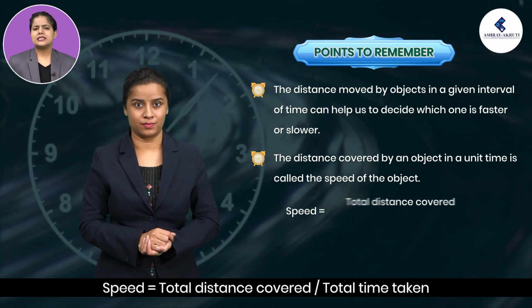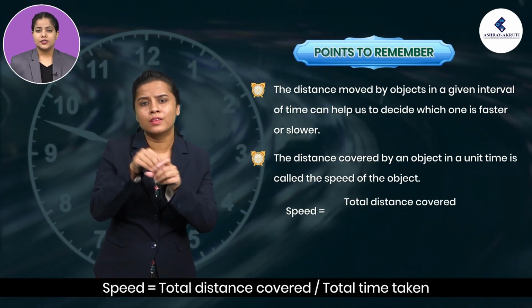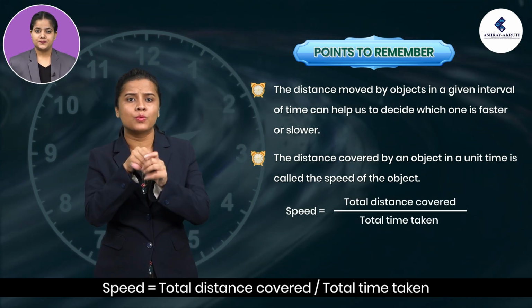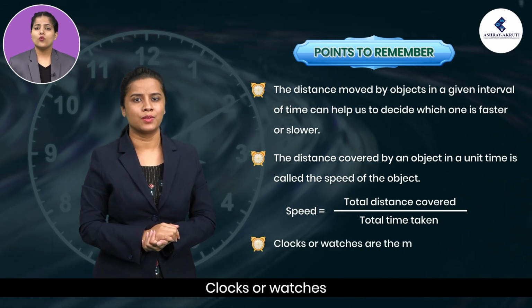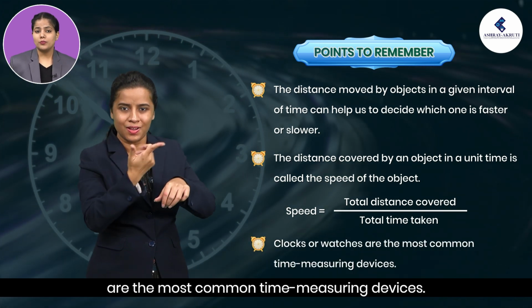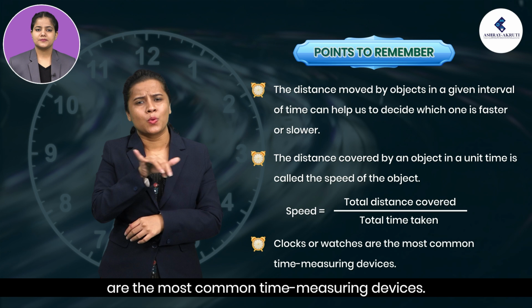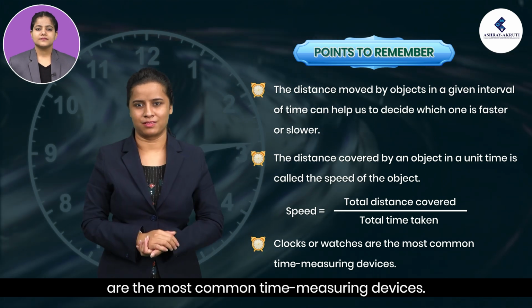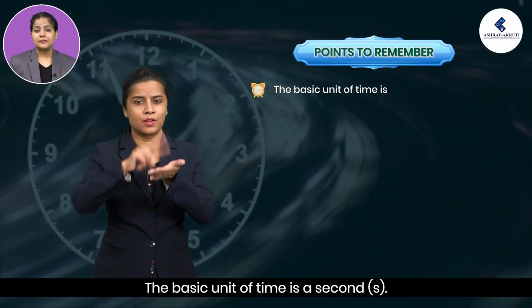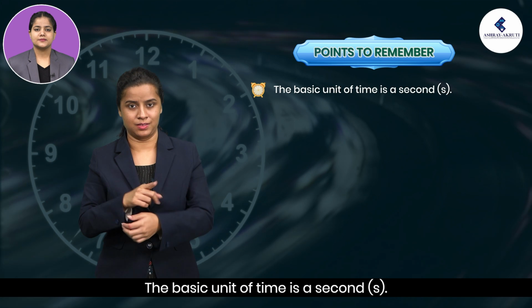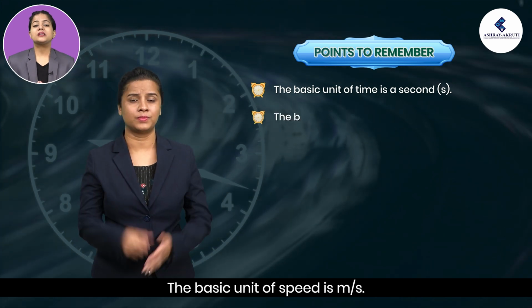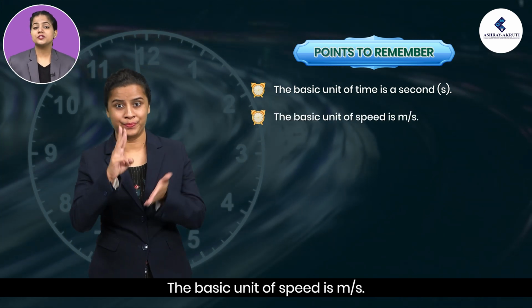Speed is equal to total distance covered by total time taken. Clocks or watches are the most common time measuring devices. The basic unit of time is a second, s. The basic unit of speed is meter per second.